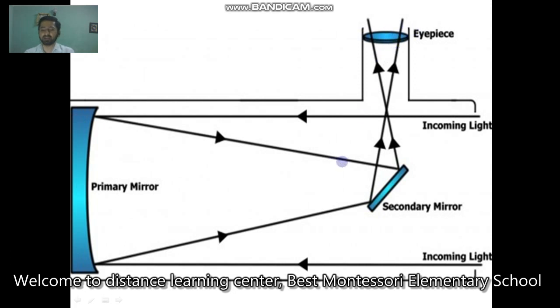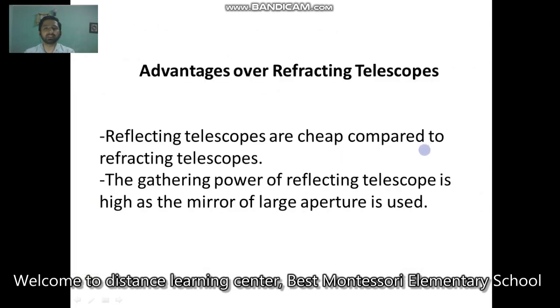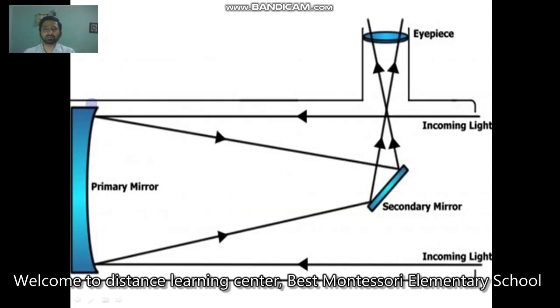Now, why are reflecting telescopes used instead of refracting? Because they are cheap. Refracting telescopes use lenses, and lenses are expensive in comparison to mirrors. Since mirrors are cheaper, reflecting telescopes are widely used. Next is this primary mirror.